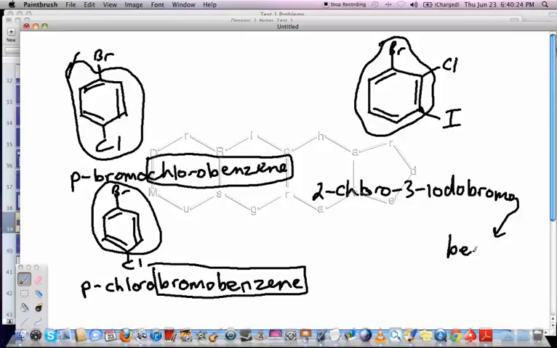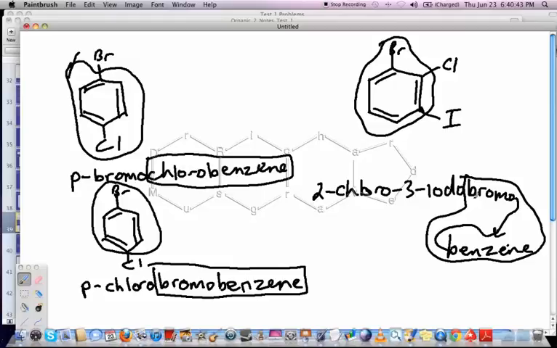Run out of room there. Alright, so that's all one word right there, so that's bromobenzene. Okay, so 2-chloro, 3-iodo, bromobenzene. So the base chain here is the bromobenzene part, which means that it's not subject to alphabetization. Anything that's in the one position is not subject to alphabetization, so it would be 2-chloro, 3-iodo, and that would be a valid name for that particular compound.